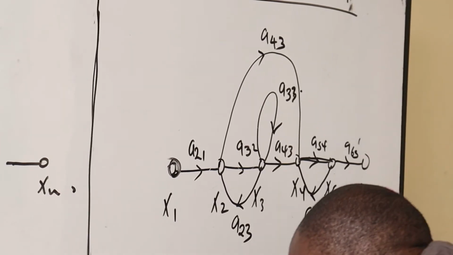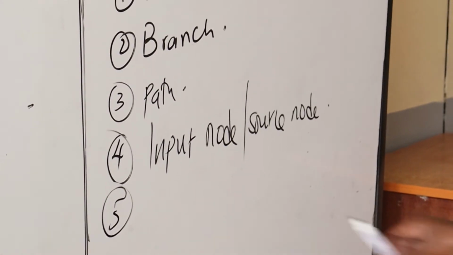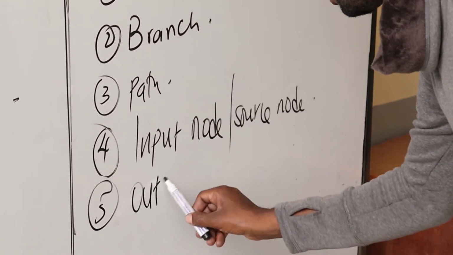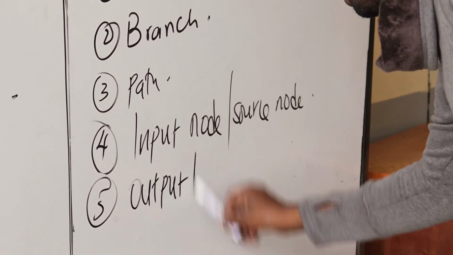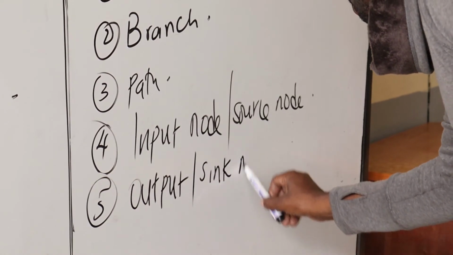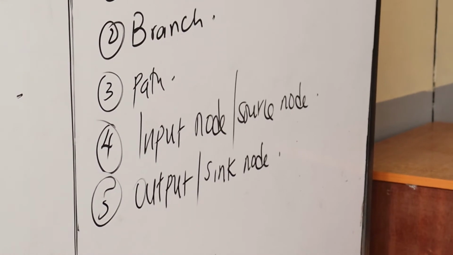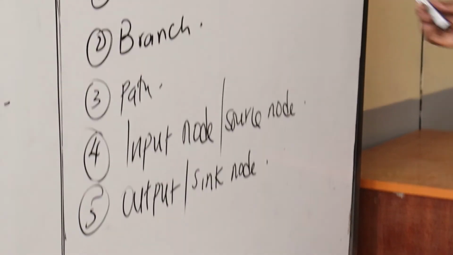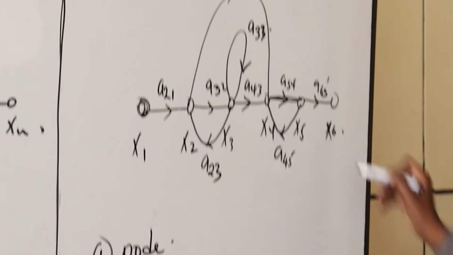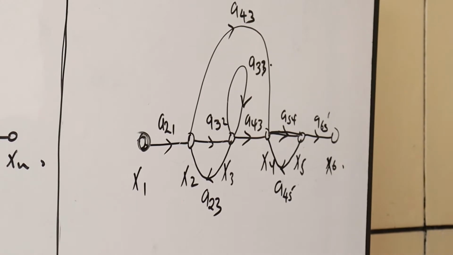The next one that we can talk about now is what we refer to as the output or sink node. This is a node with only incoming branches. An example of this is x6.